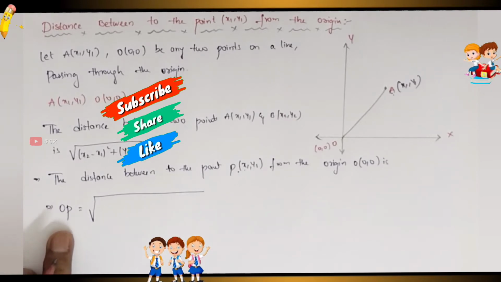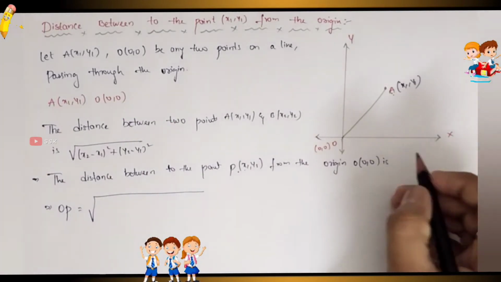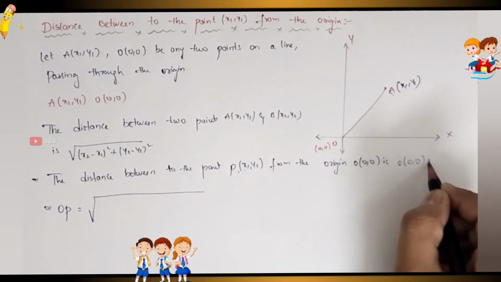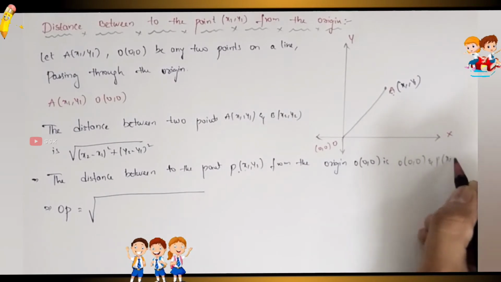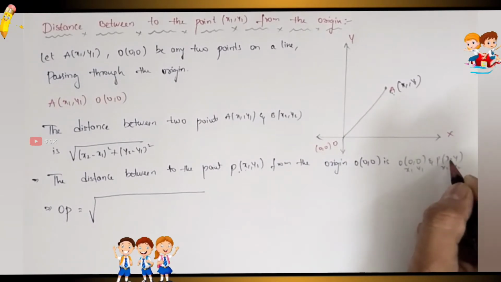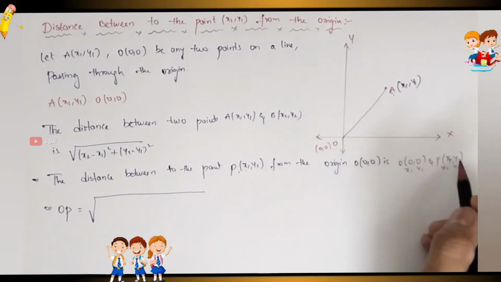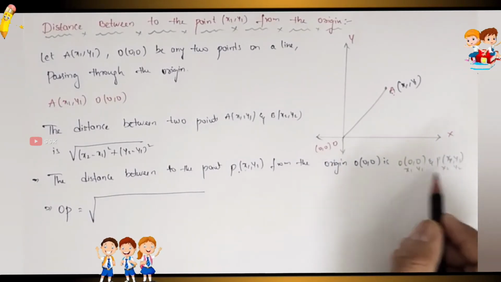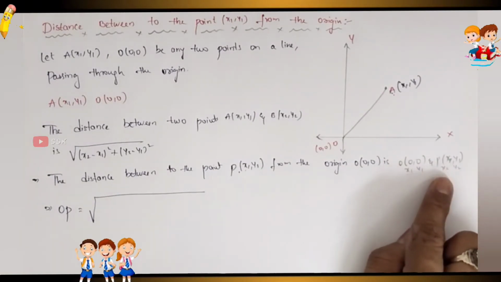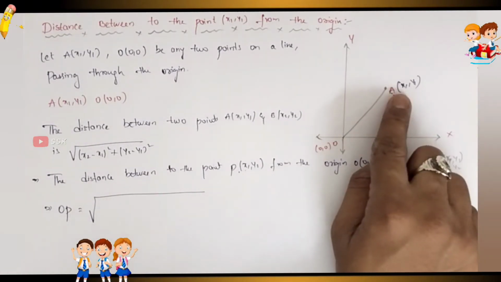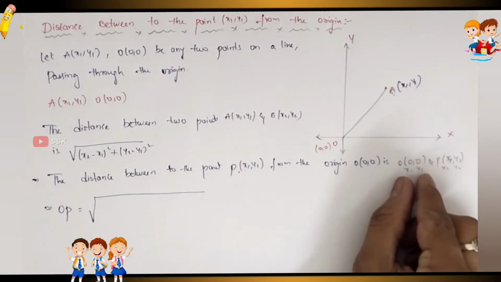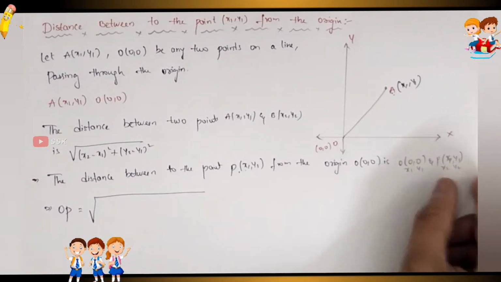So the first value can be the origin, and the next value can be the point P. So I am writing here 0 comma 0 first, and the next point P, x1 comma y1. The first point is x1 y1, the second point is x2 y2. Don't confuse here. The first value is always x1 y1, and the second value is x2 y2.